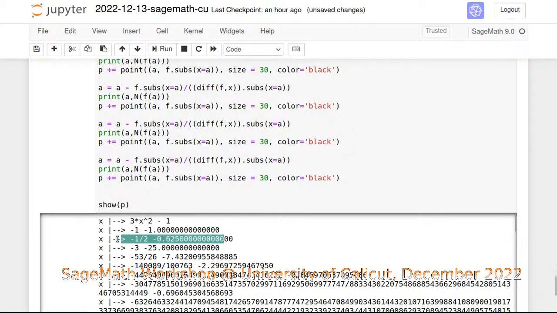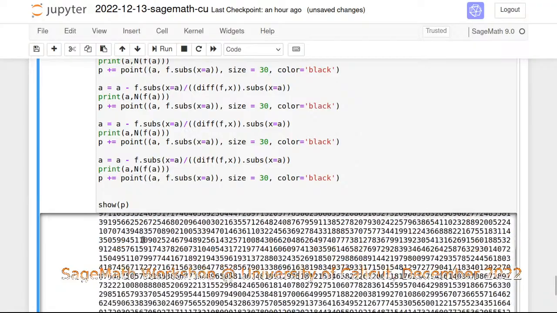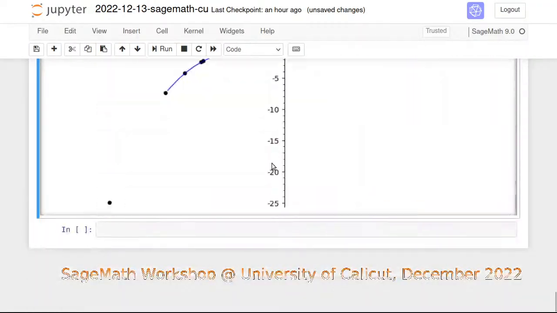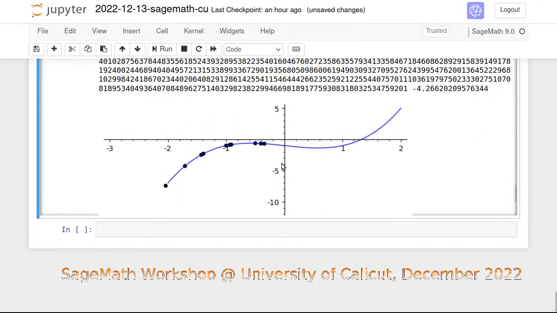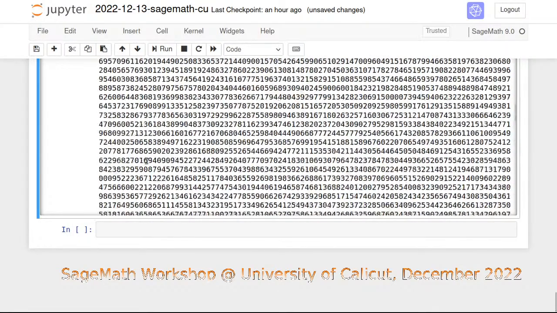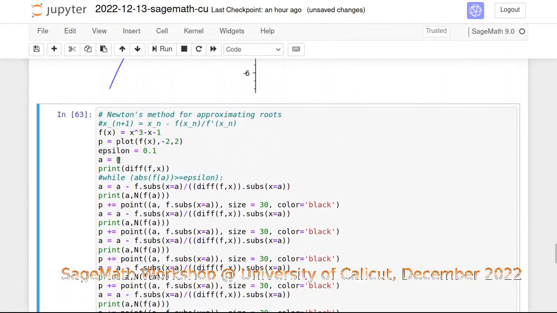So this is the closest value that we are getting, at -1/2. Okay, let us start with 1 and see if the same thing is happening.